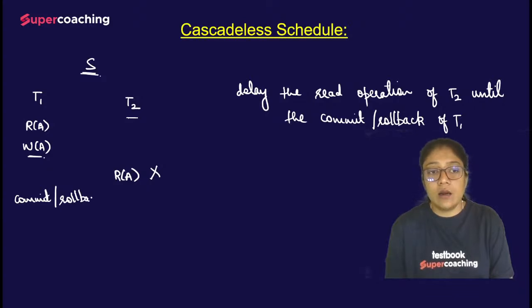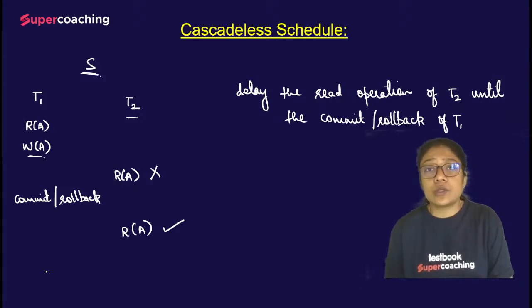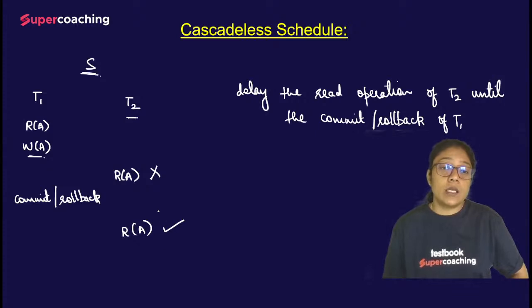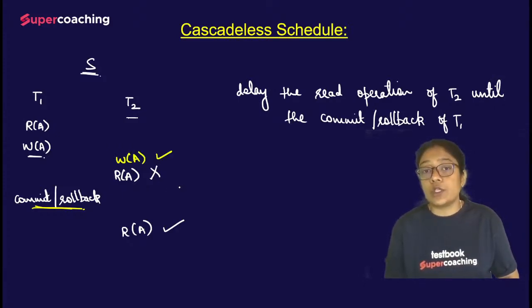After that it can perform the read operation. This is allowed. But we haven't said anything. One main point to notice here is we have not put any constraint on the write operation. We have not said anything about the write operation here. So this simply means that before the commit or the rollback, write operation is allowed, but not the read operation.